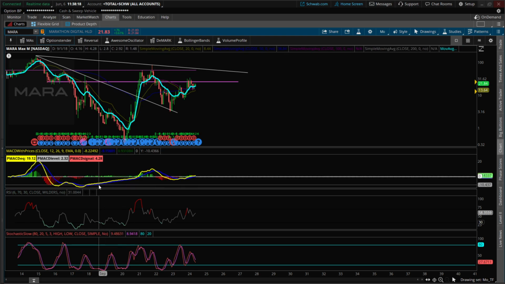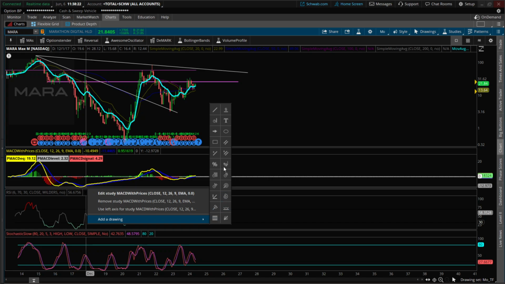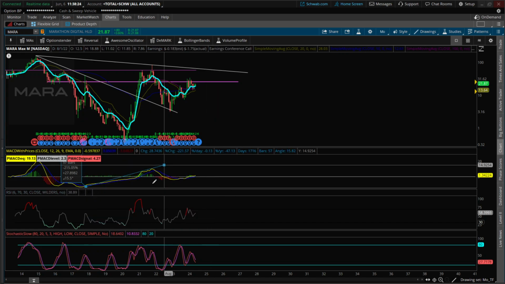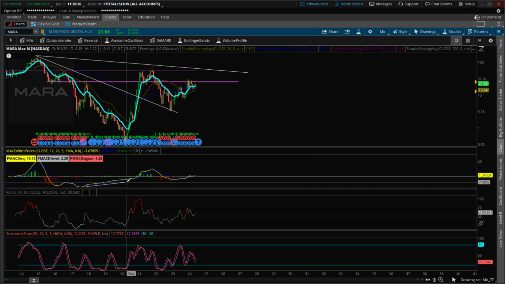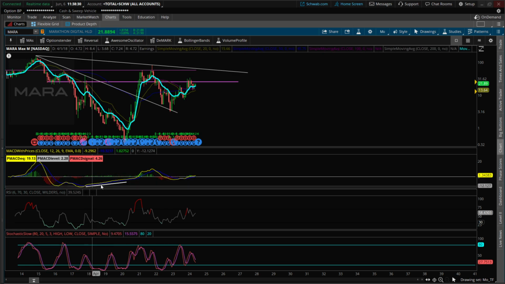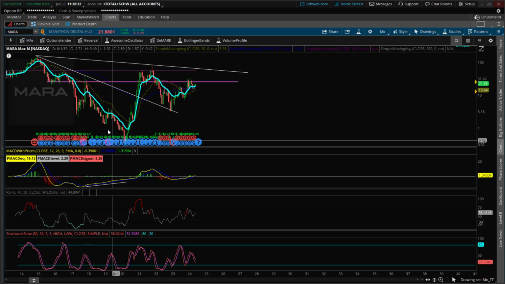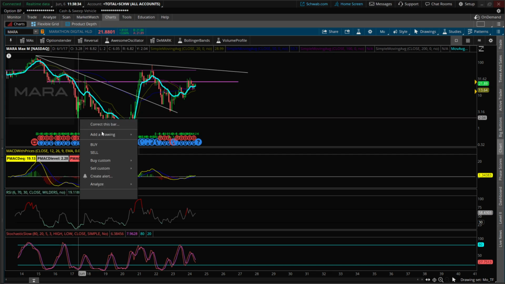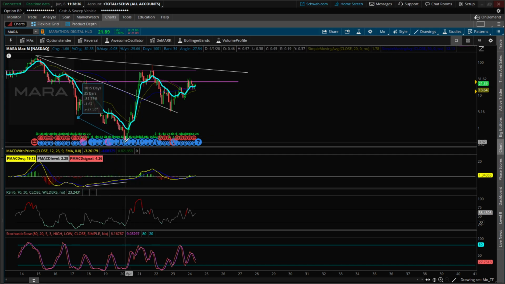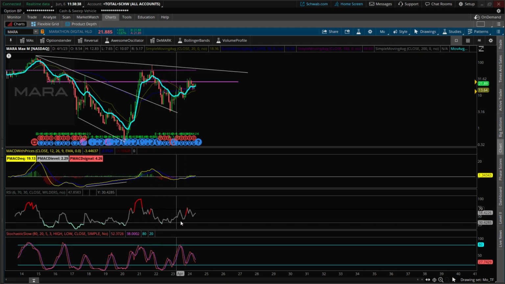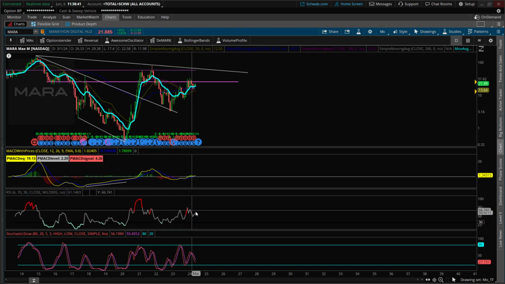You have the MACD with bullish divergence here, making new lows in price action and making higher lows on the indicators. All right. And now we're also pushing up on the RSI.